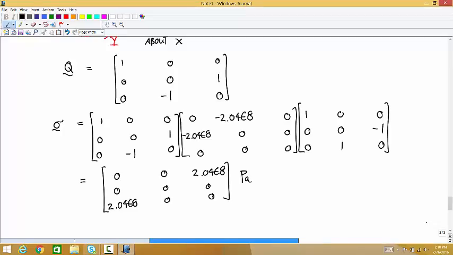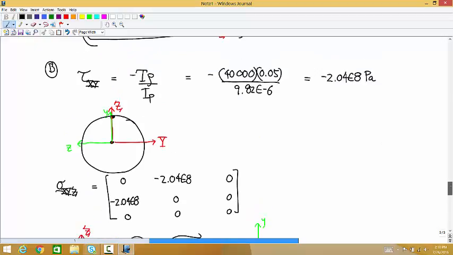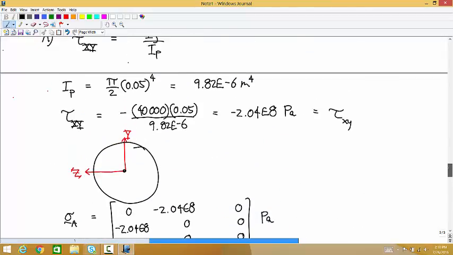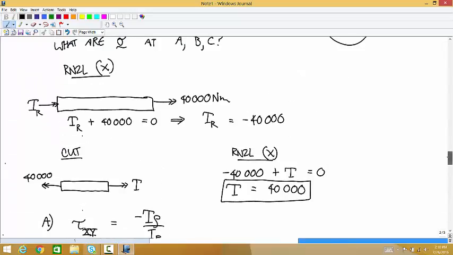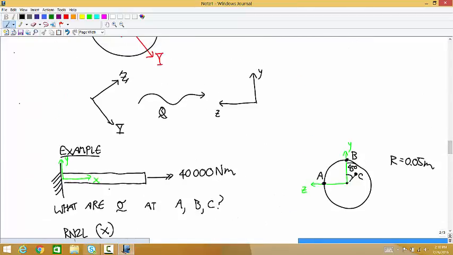Okay, so we're on the last part of this example problem. We're dealing with this beam. And now we're trying to figure out the stress in the green coordinate system at that point C. That's supposed to be at the midpoint between the centroid and the outer surface.